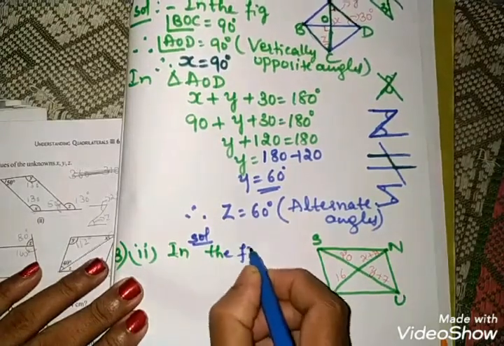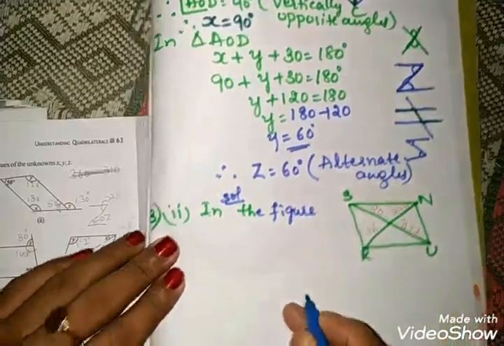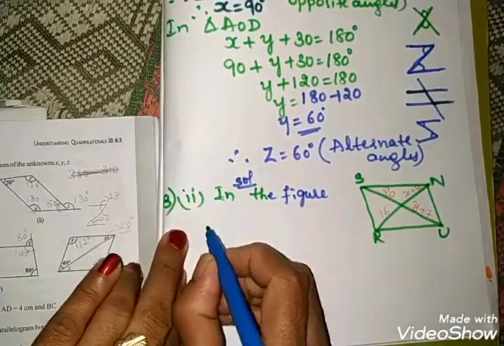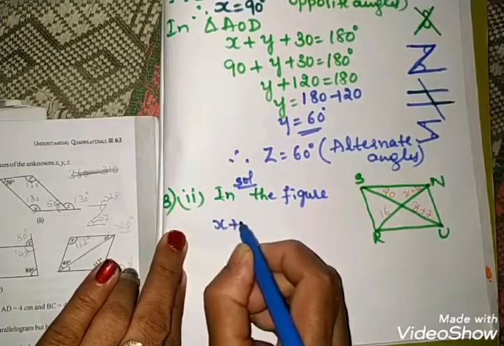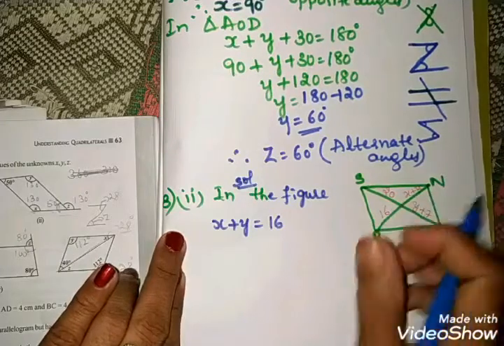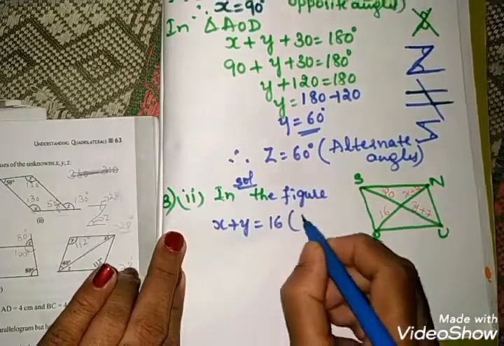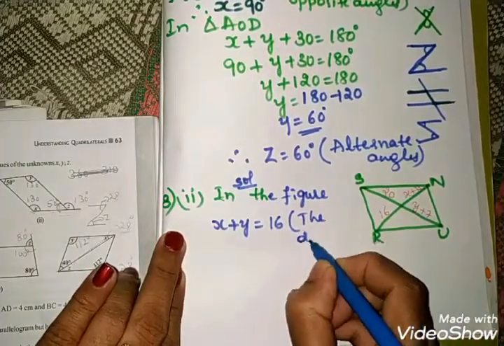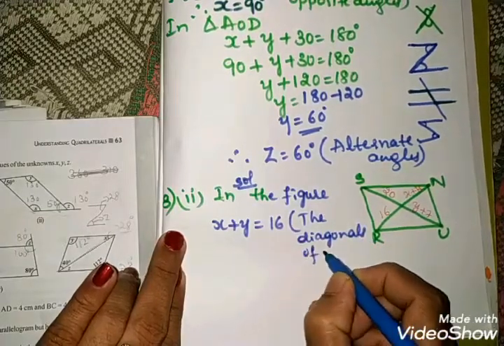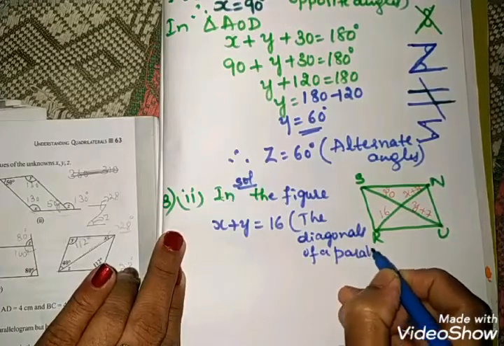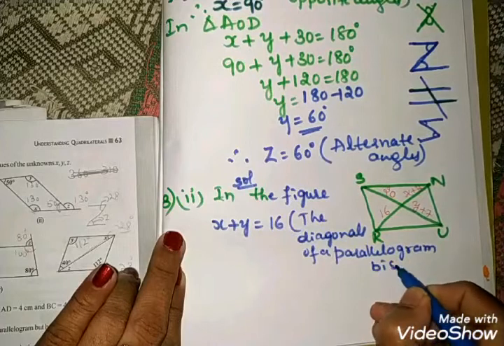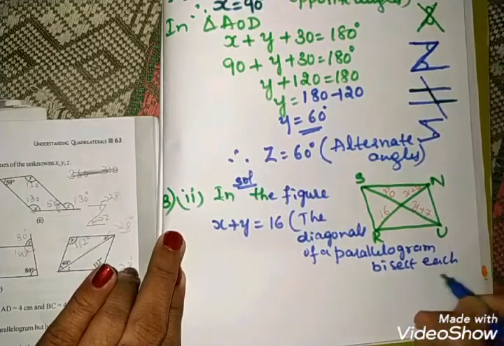In the figure, you observe, children, x plus y is equal to 16. Why is x plus y equal to 16? The diagonals of a parallelogram bisect each other.